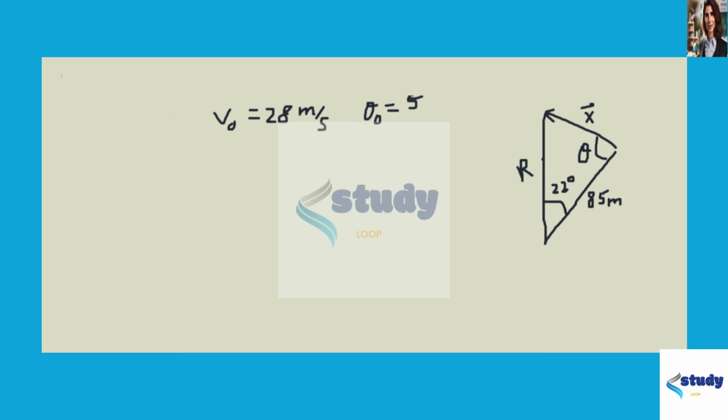Okay, so I wrote down a couple of things that we have. The initial speed was 28 meters per second. The initial angle, which we're going to call theta naught, was 55 degrees. We're also told that the outfielder is 85 meters from home plate, so I denote that over here, the 85 meters.